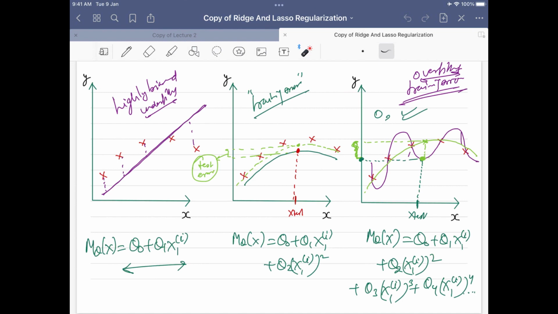So we want to see how we can play around with the cost function so that we can come up with some modified value of theta 3 and theta 4 that can help us in simplifying our problem.